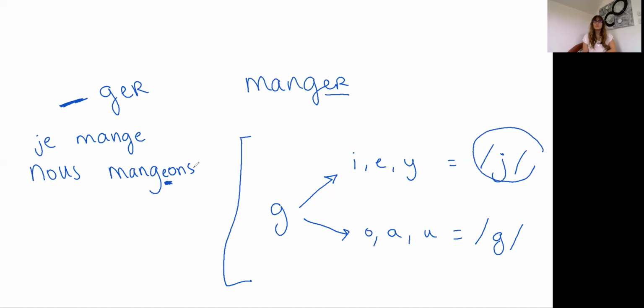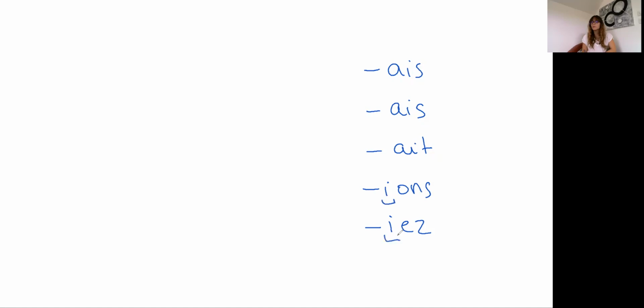So here it's very important that you actually use the nous form, because if you look at the endings of the imperfect, they are starting with A. So AIS, AIT, well, sorry, let me erase that. Here is IONS, IEZ. So here it's not that important because we have the I in front. And remember, in front of the I, the G becomes J.